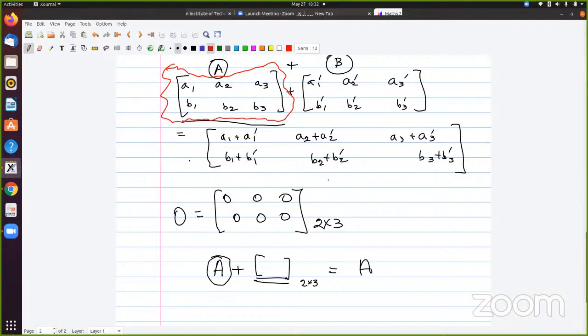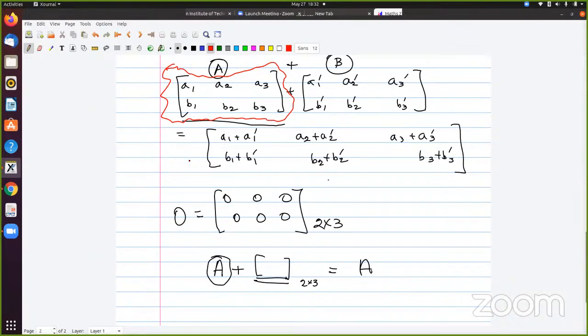On the first day, I gave the example, right? In case of natural numbers and addition, suppose I am taking 0 inside my set of natural numbers. So 0 exists. Does inverse exist in that case? No, right?